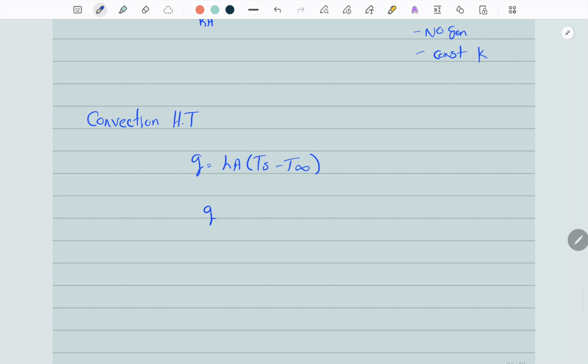We can rearrange that to look like this: Ts minus T infinity, which is the temperature gradient, the change in temperature, which is the driving force, divided by 1 over hA, which is the thermal resistance for convection. Just 1 over hA.